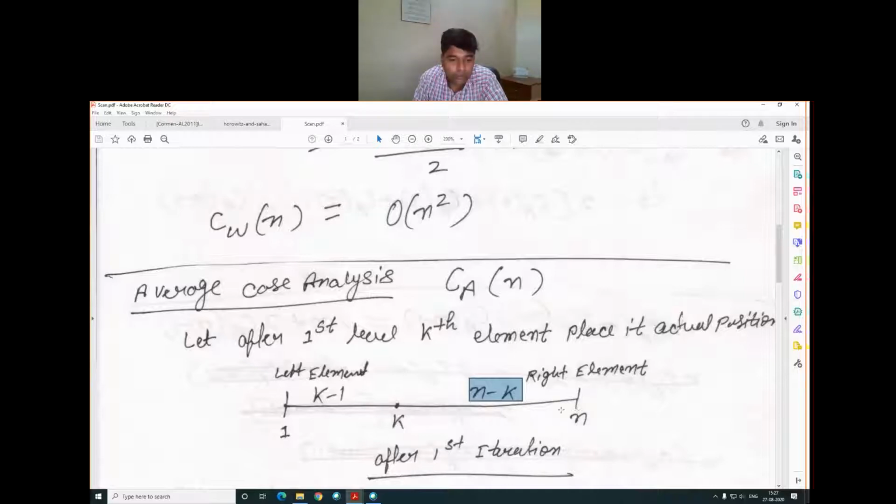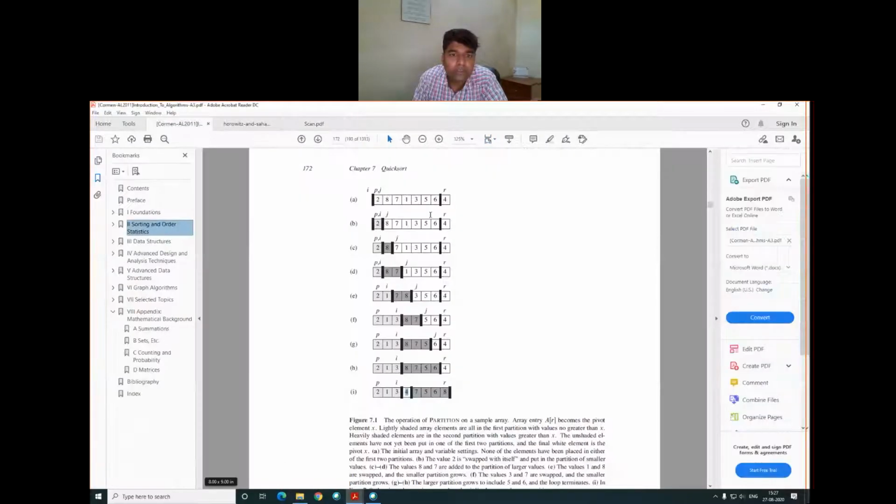Here there are 1, 2, 3, 4, 5, 6, 7, 8 elements, so n is 8. After placing the element in its actual position, suppose it is placed at the 4th position.